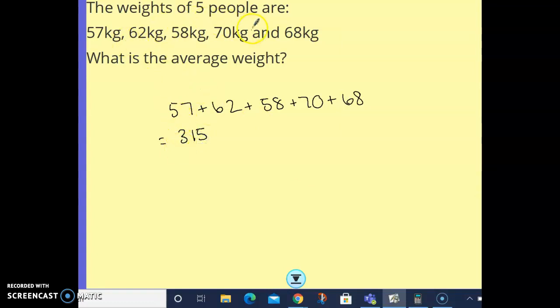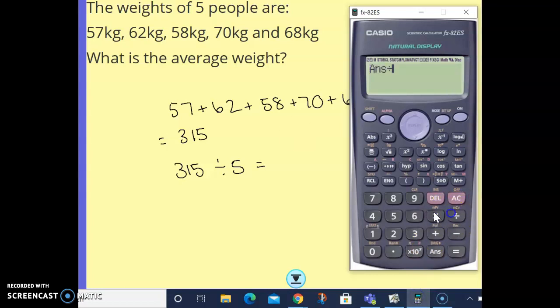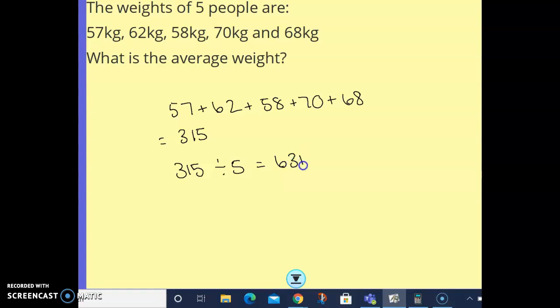Once we've got that total, there are 5 people altogether. So to find the average or the mean, we divide by 5, which is 63 kilograms. But again, in Moodle, you just want the 63.